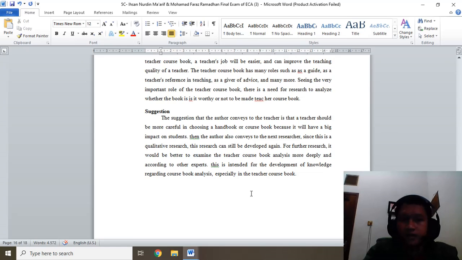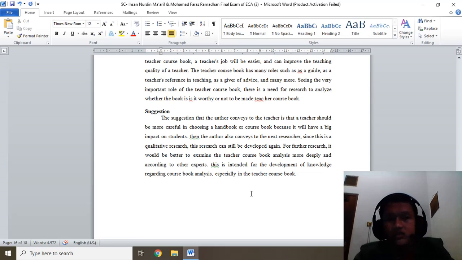The author also conveyed to the next researcher, since this is qualitative research, this research can still be developed for further research. It would be better to examine the teacher's course book analysis more deeply, and according to other experts. This is intended for the development of knowledge regarding course book analysis, especially in teachers' course books.